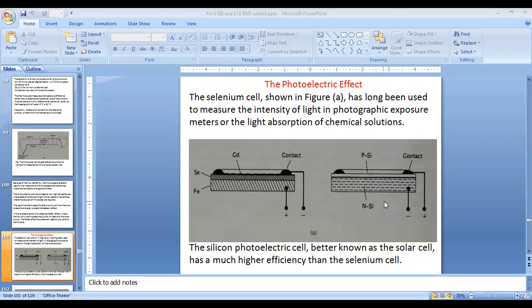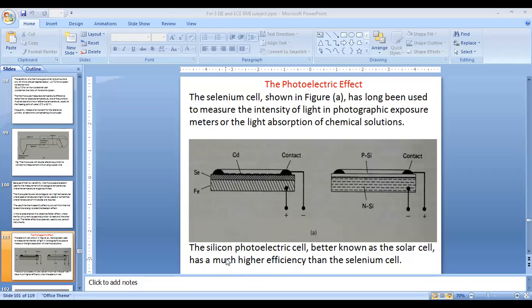Whenever light falls on selenium and silicon type materials, the intensity of the light is converted into a corresponding change of potential. That is identified by using the photoelectric effect. The obtained output voltage is proportional to the intensity of the light which falls on these materials.